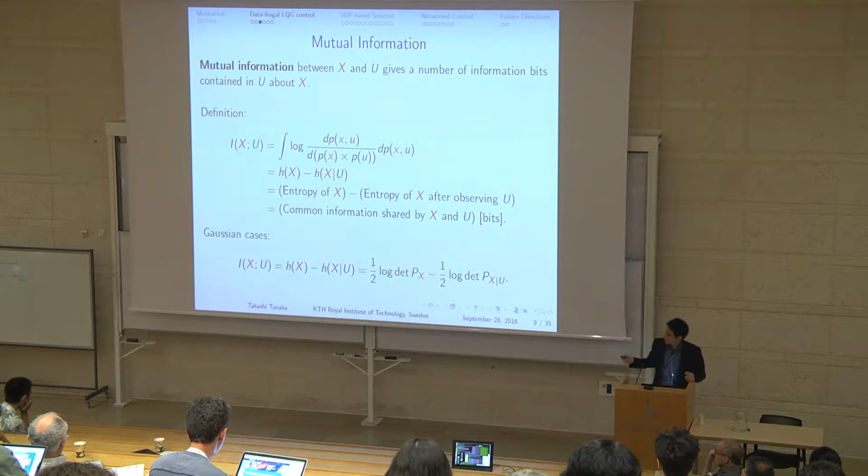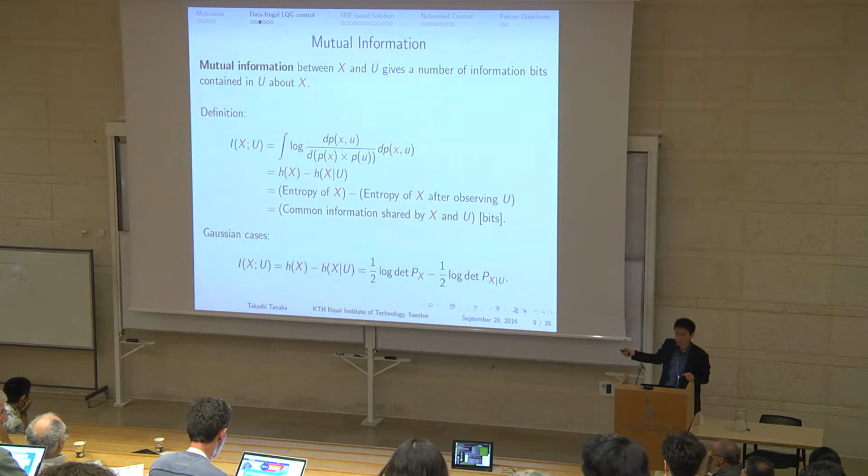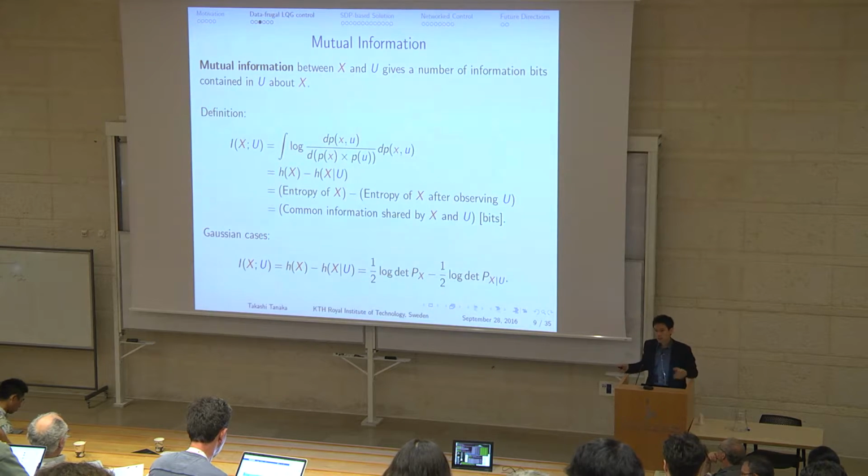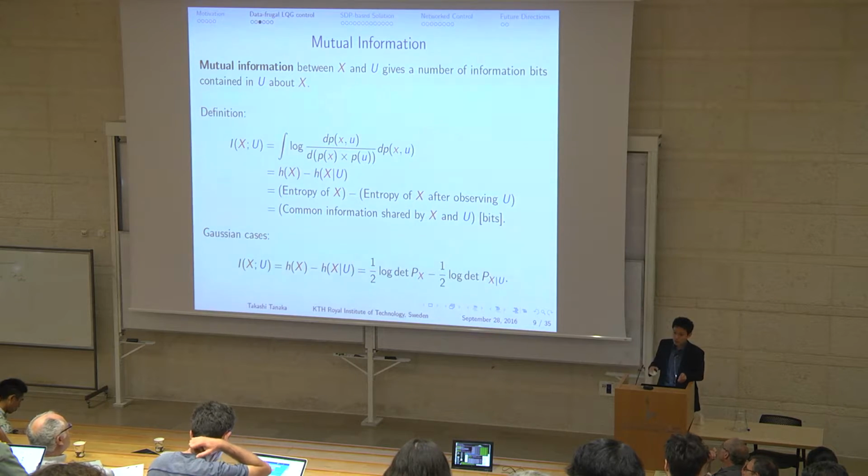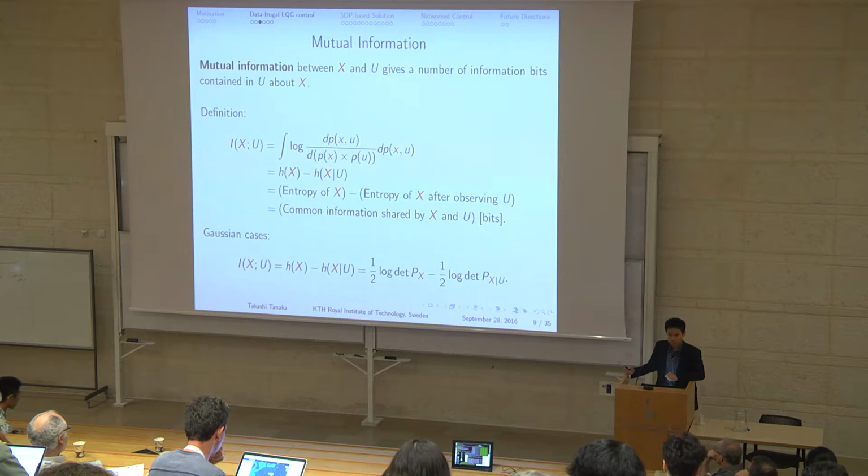And if X and U are jointly Gaussian, we have an explicit formula for this mutual information, which looks like this, where P is the covariance matrix of X, and this is the covariance matrix of X after observing U. And our idea is to use this mutual information to measure the information flow from X to U. However, here's a fundamental problem.